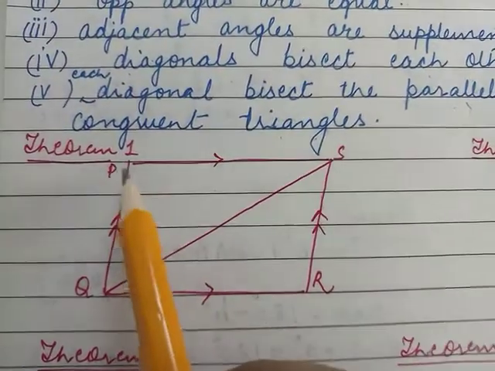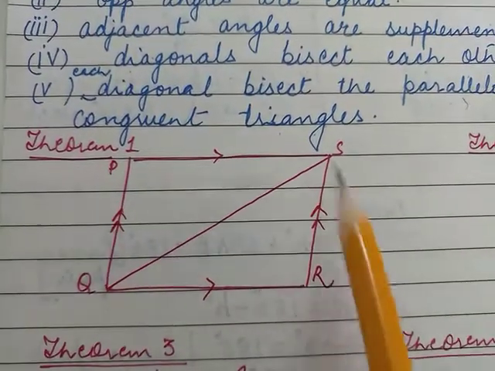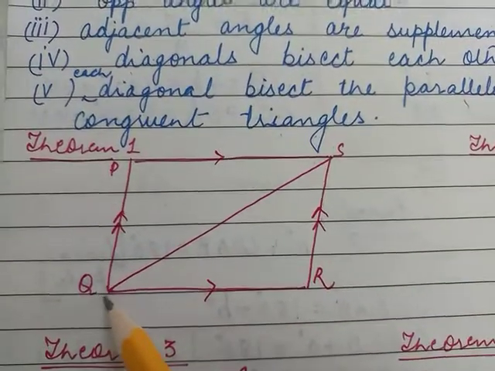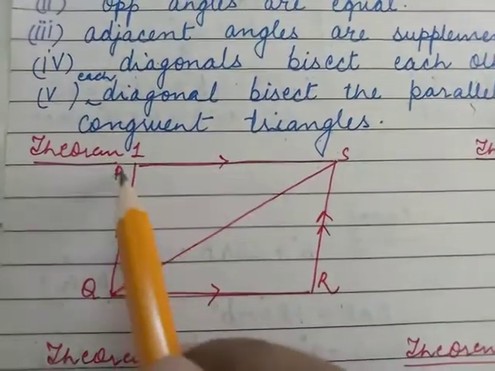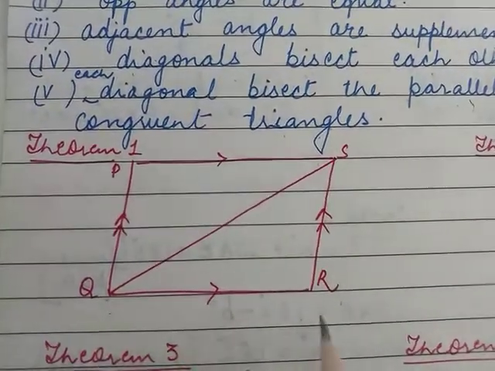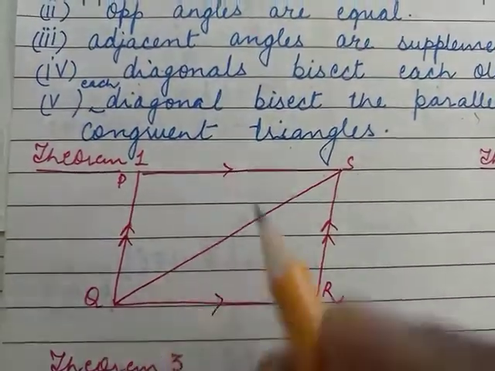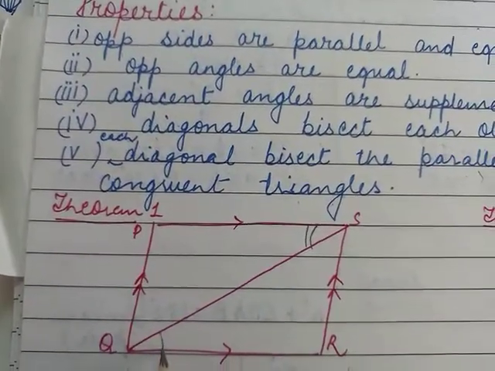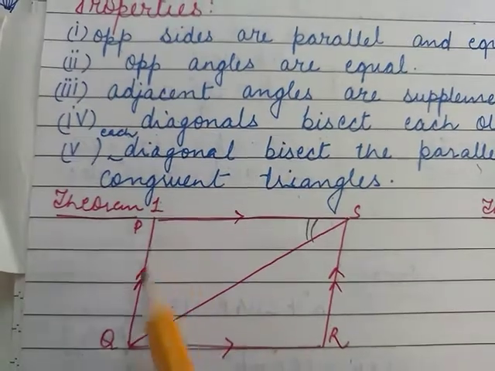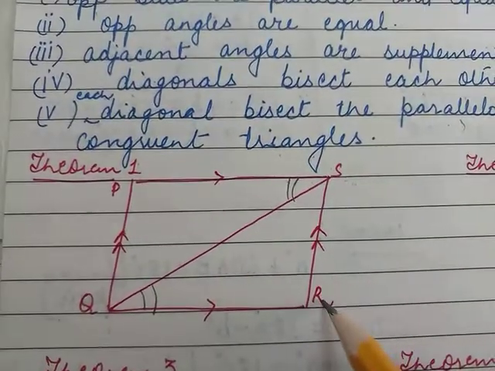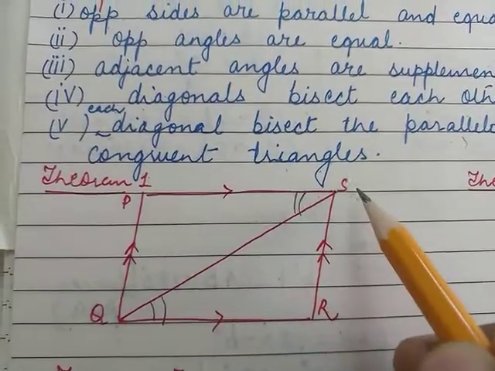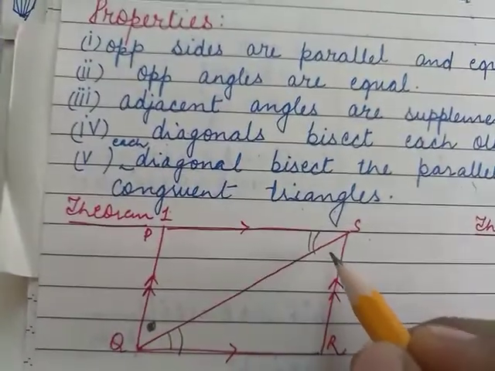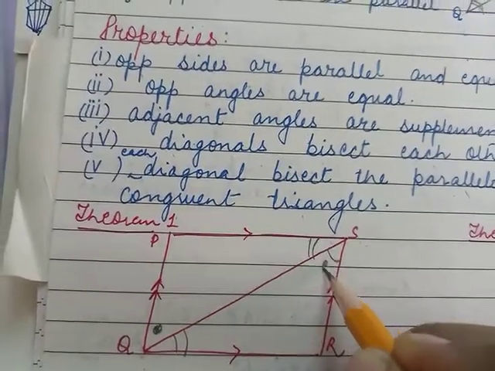Theorem 1. I have considered parallelogram PQRS and drawn a diagonal joining Q and S. As we know, PS is parallel to QR and this is a transversal, therefore angle S is equal to angle Q here. As PQ is also parallel to SR and again this is a transversal, therefore this angle at Q is equal to this part.